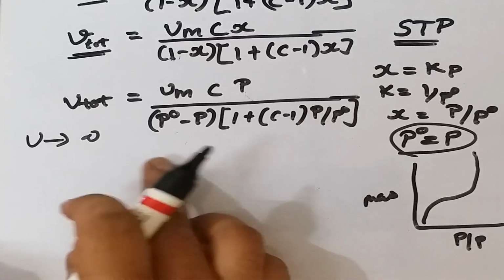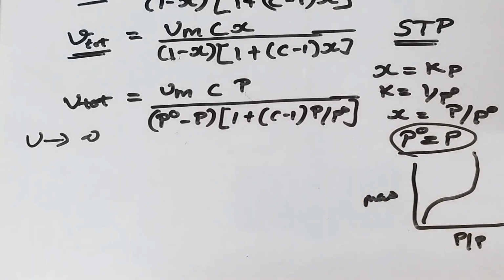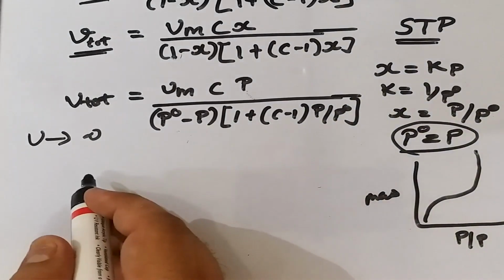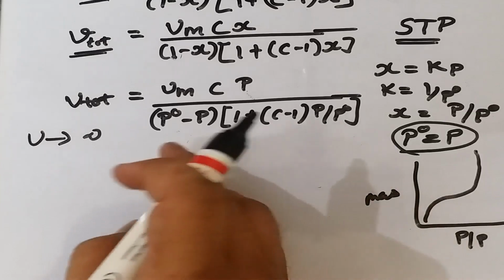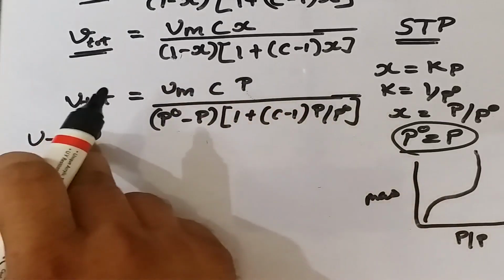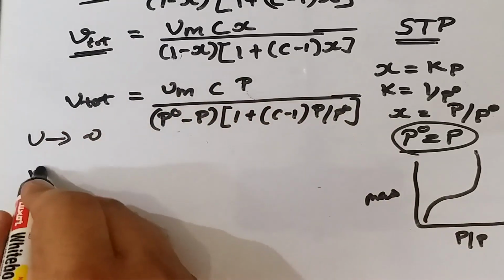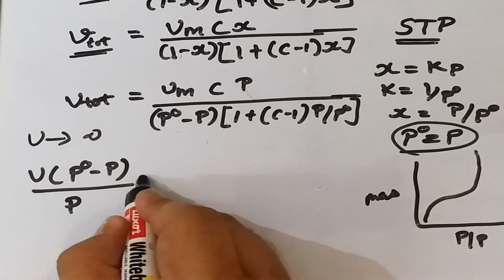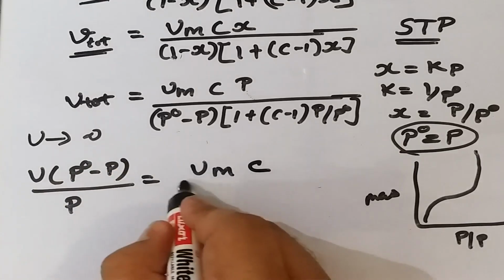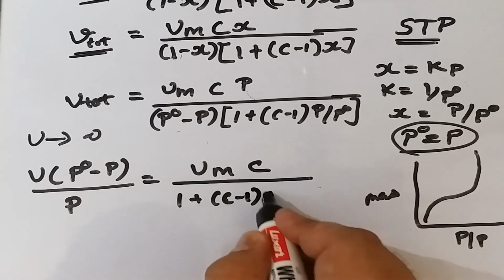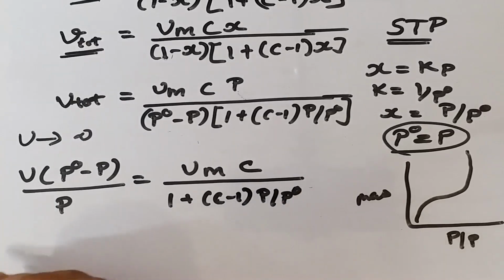Now further we can again rearrange this expression in order to obtain the BET isotherm. We can rearrange this expression by taking this term on the right hand side, and this pressure term we can take in the denominator. So we will have V into P0 minus P upon P, that is equal to Vm into C upon 1 plus C minus 1 P upon P0. And further we can take the reciprocal of this expression.